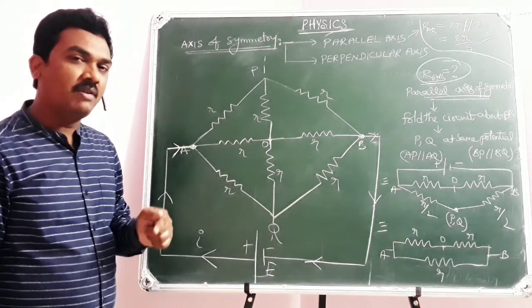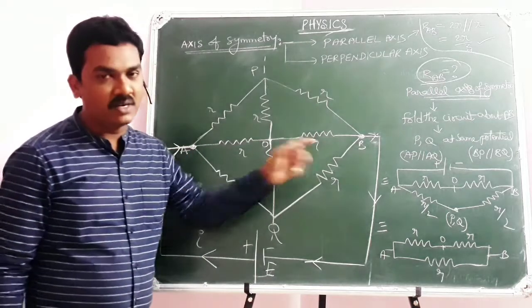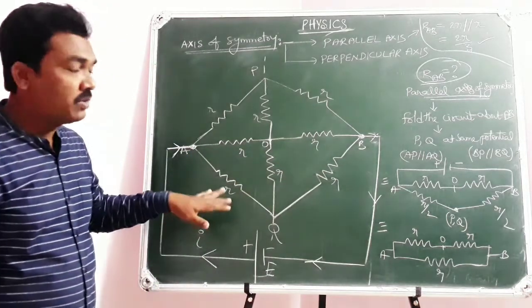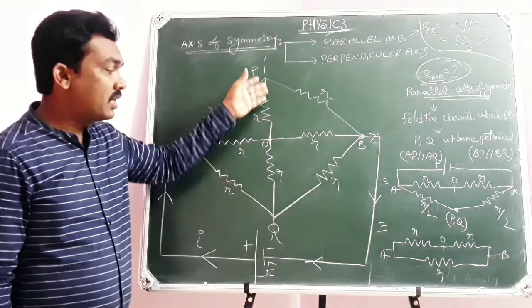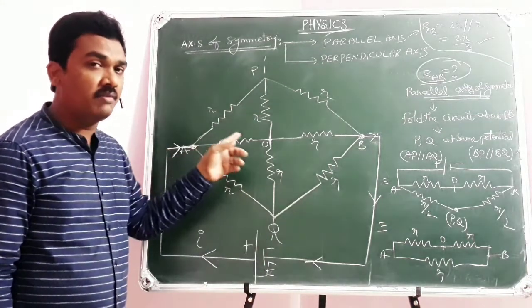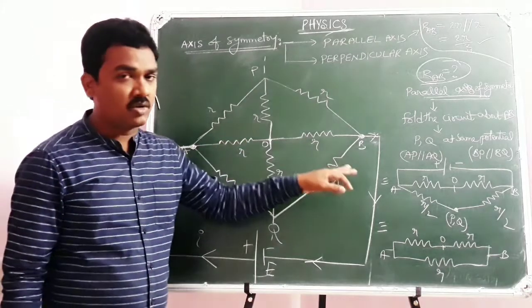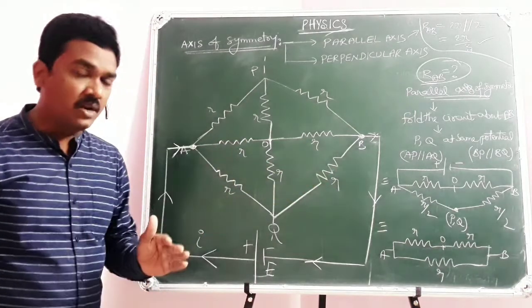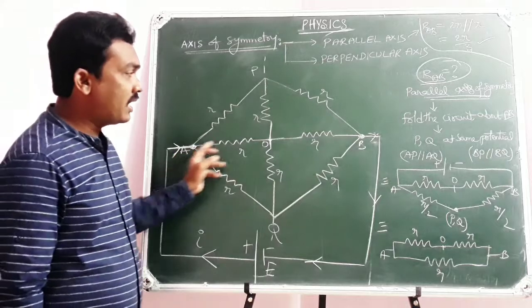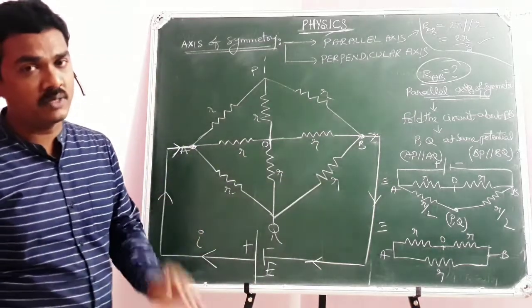While calculating the equivalent resistance across AB, I applied the parallel axis of symmetry. But my circuit has symmetry about the line PQ, which is perpendicular to the direction of current entering or leaving the circuit. That is why the equivalent resistance across AB can be calculated using the parallel axis of symmetry and also using the perpendicular axis of symmetry.